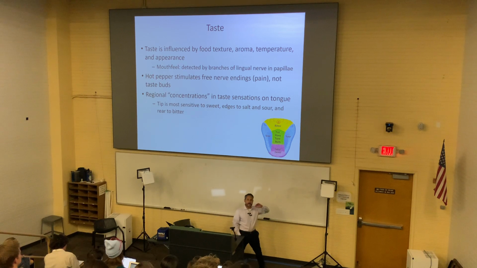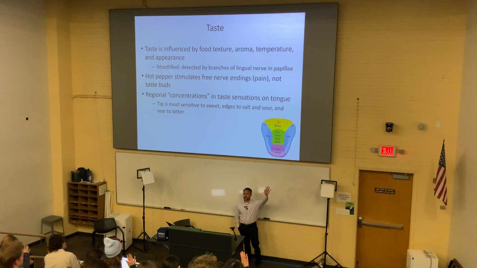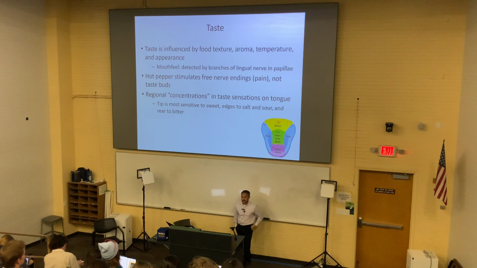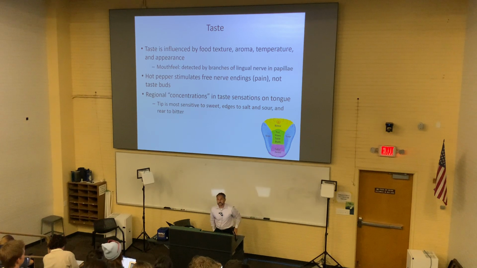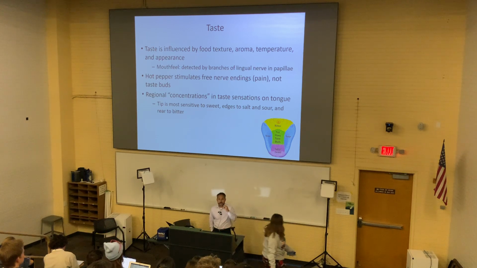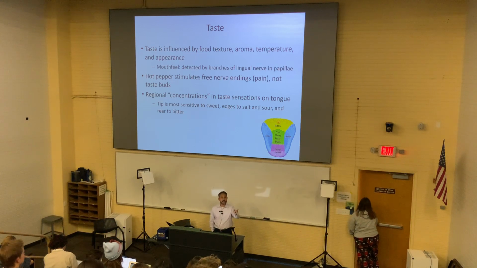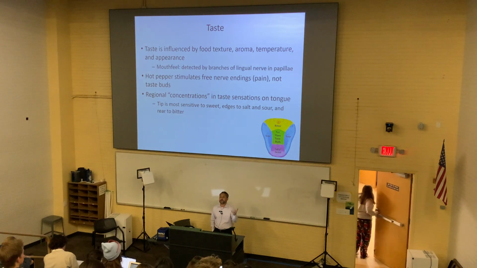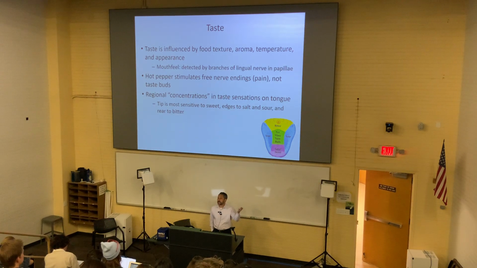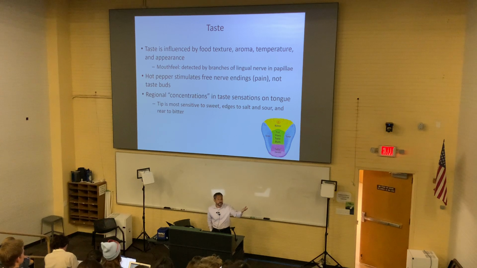Now, what's interesting, how many of you actually like spicy foods? Really like spicy foods? Okay. Now, spice is not a flavor. It's not on the list. So spicy is actually substance P, which is the neurotransmitter that gives you a pain signal. So if you like spicy foods, it's actually a pain signal that's coming to the brain that is providing you with some amount of pleasurable experience while you're eating your food.